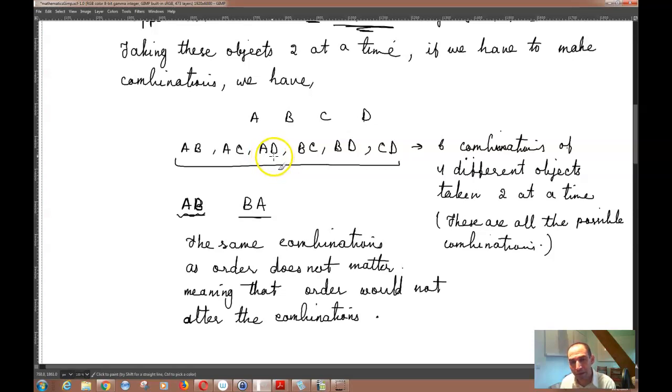Otherwise I would have come up with probably a lot more, way over 12 different selections here. So here you can say that there are as many as 6 combinations of 4 different objects taken 2 at a time.